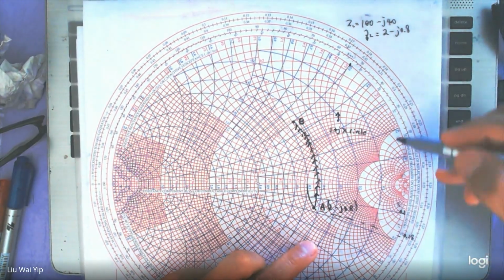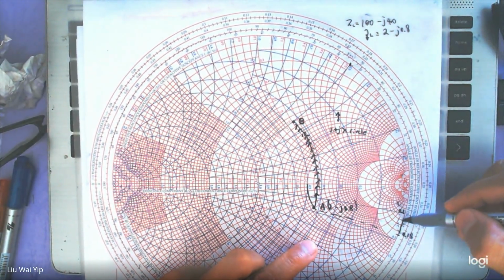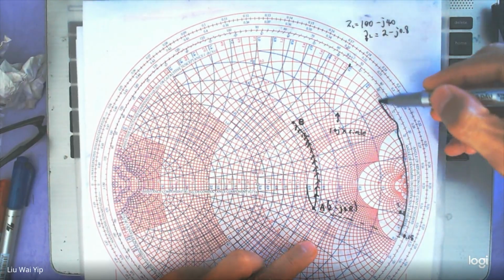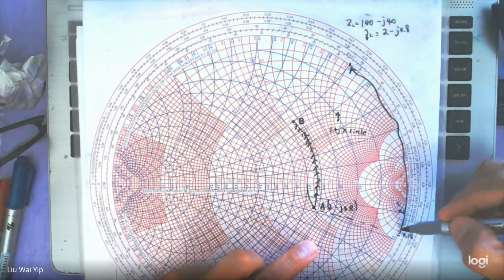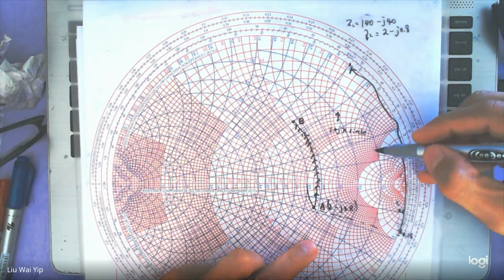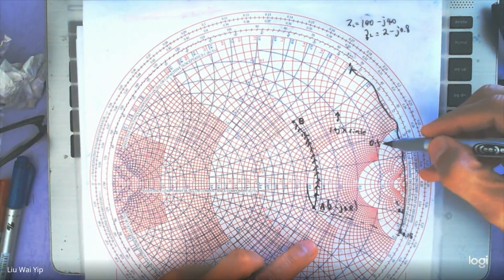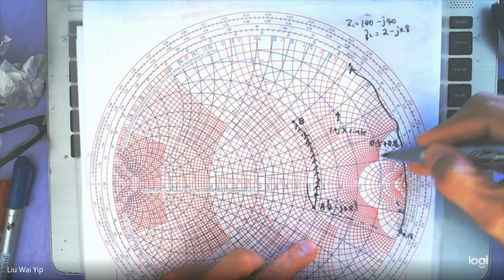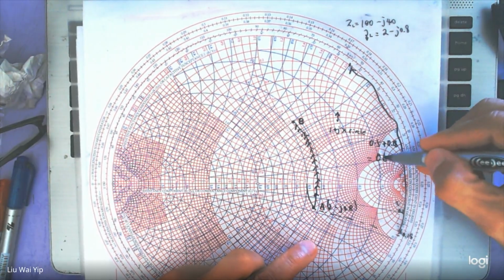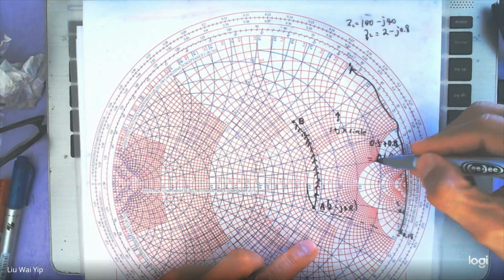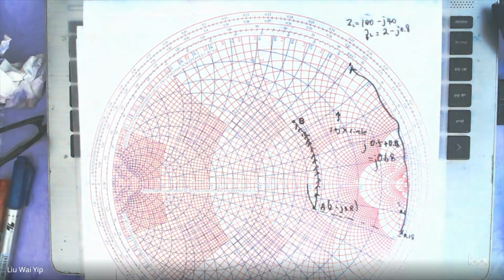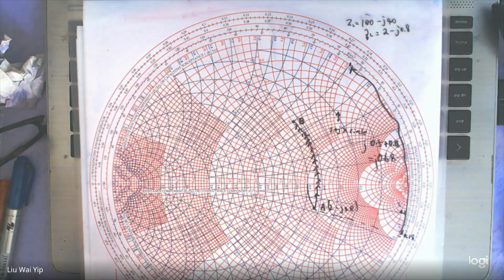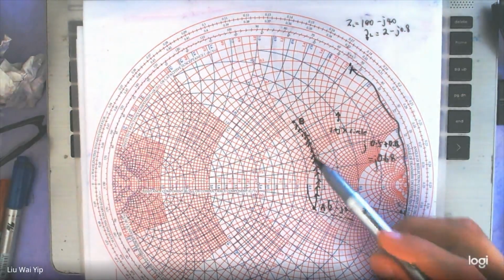So altogether, you need that much inductance. The amount of susceptance that you need is 0.5 plus here 0.18, which is 0.68j. So this is the amount of susceptance you need to bring you from A to B.